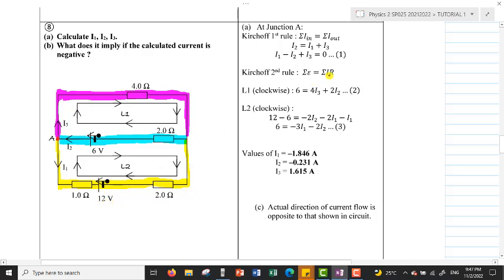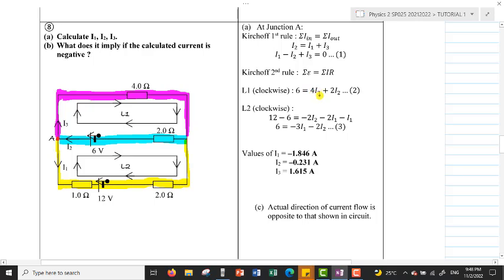So when we write the equations, we have to consider the sign conventions. For the EMF 6 volt, we refer to loop 1. If we compare the direction of EMF with the direction of loop 1, the direction is the same, so the voltage will be positive 6. And then if we compare the direction of current I3 with the direction of loop 1, we find out that the direction is the same, so I3 is positive, and this I3 is going to pass through the 4 ohm resistor.